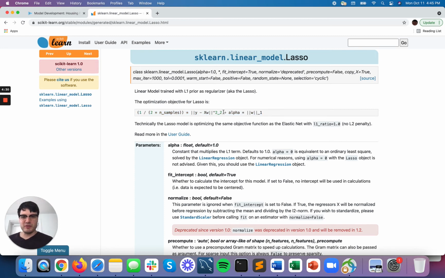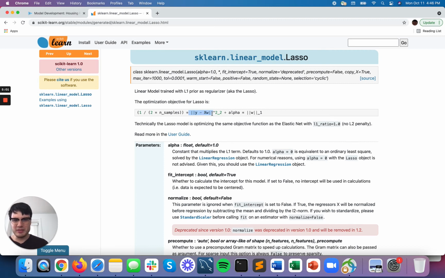Let's first observe that this first part is basically the same optimization objective that is used for linear regression without any regularization, because essentially we are looking at the difference between what the true value is, that's just the y value for each data point, and what the model predicts for each data point. In other words, what's the weight of the model times the input of the model in linear regression.